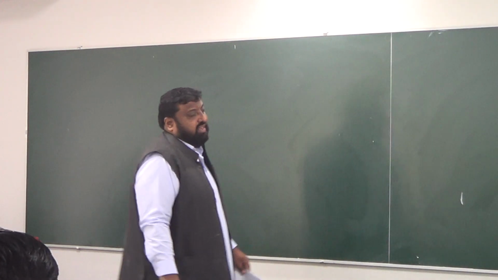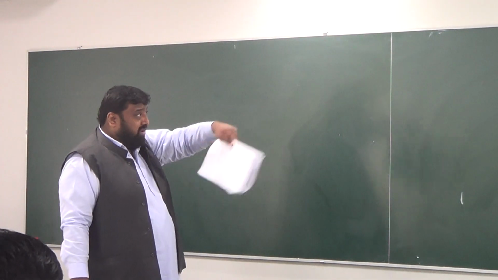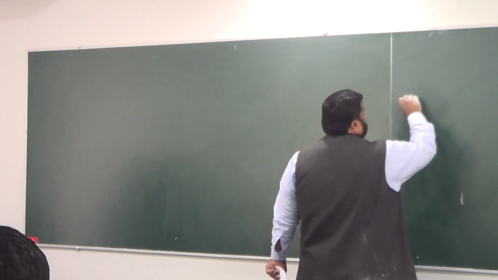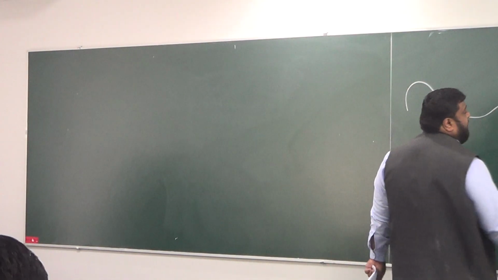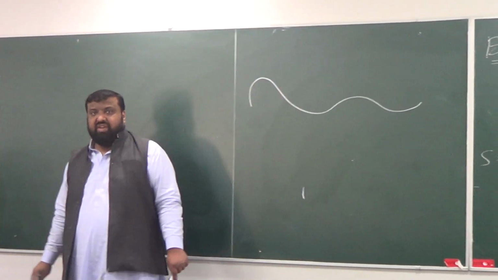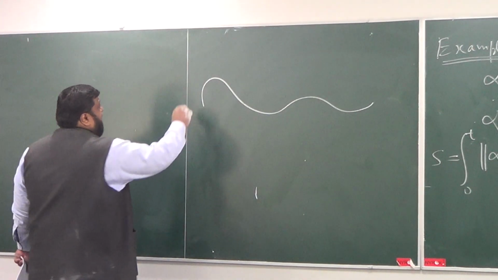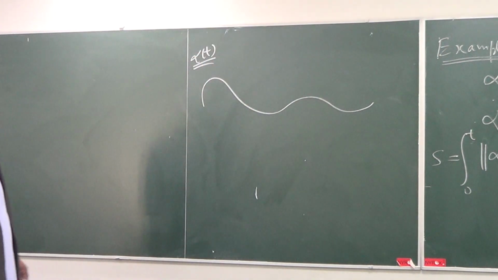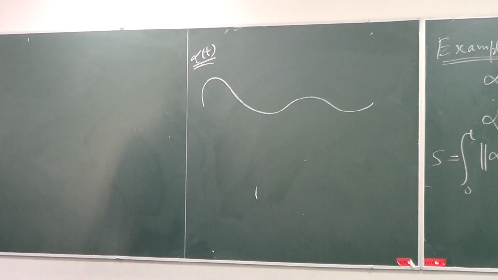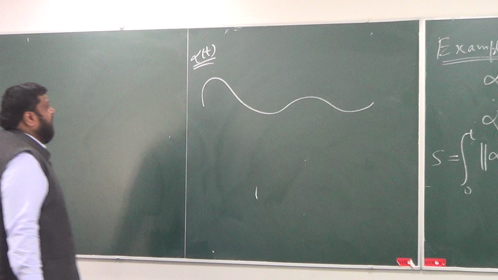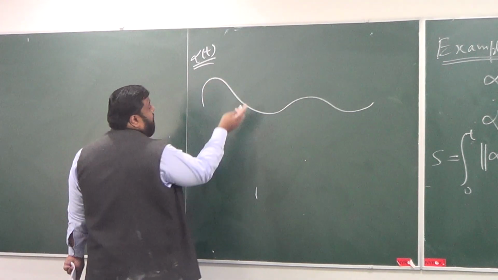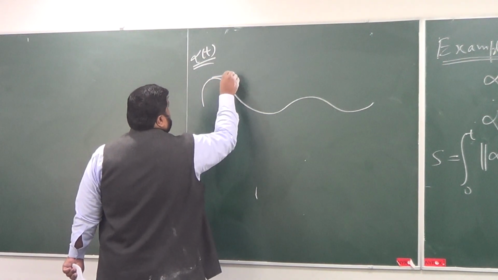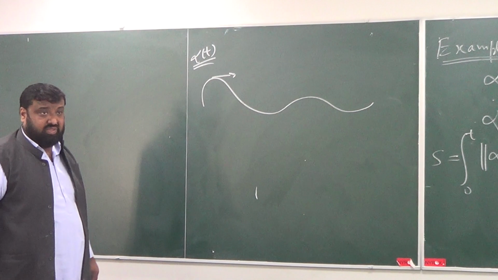Let me comment a little more on the observation that we have. Imagine you have a curve, alpha of t. Let's use all this and analyze different things. On the curve I have velocity, and velocity is tangential. Pretty simple.